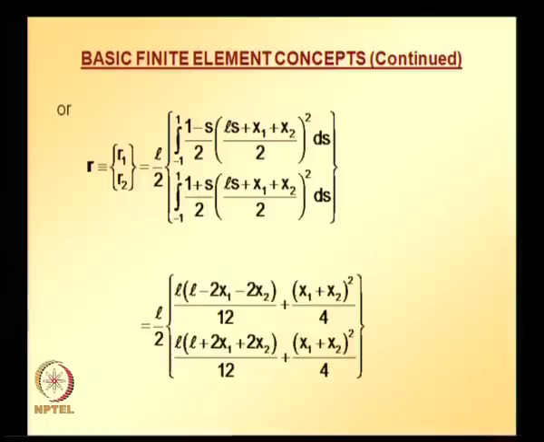So, you can easily assemble R once you know the nodal coordinates of a particular element. You plug in the local node 1 as x1, local node 2 as x2, and the length of the element, and you can find R.